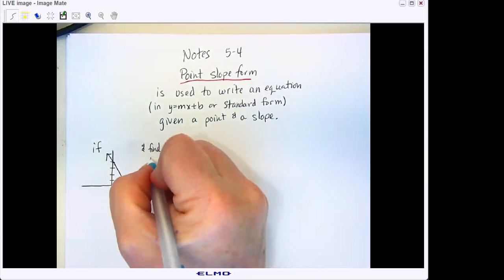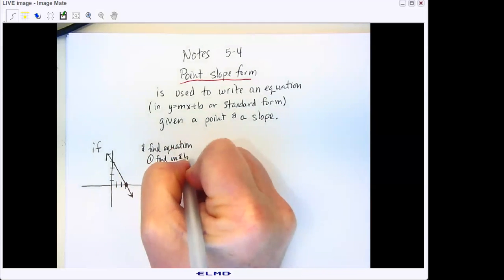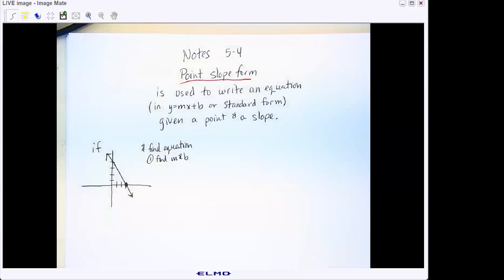I could, one, find m and b, and then write the equation.